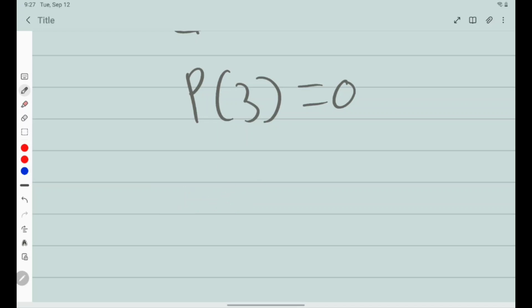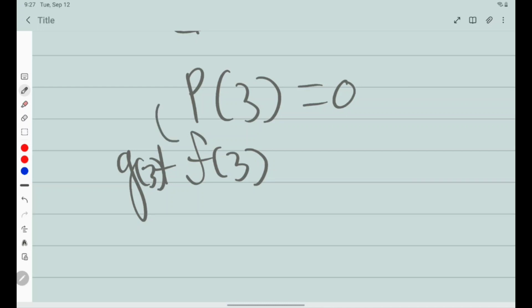And then we'll say, are the polynomials where an input of 3 equals 0 closed under addition? So take some polynomial function g and add it to some polynomial function f. If you give them both inputs of 3, is this contained in the subset of polynomials that we're talking about?